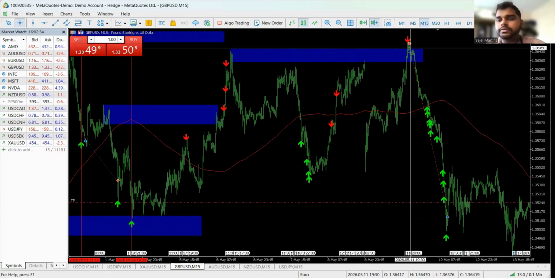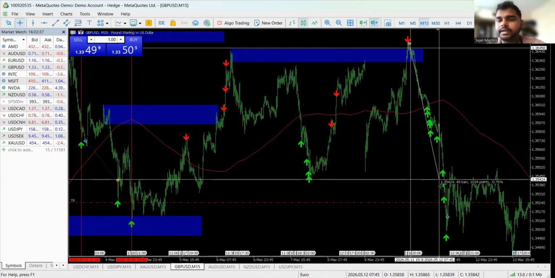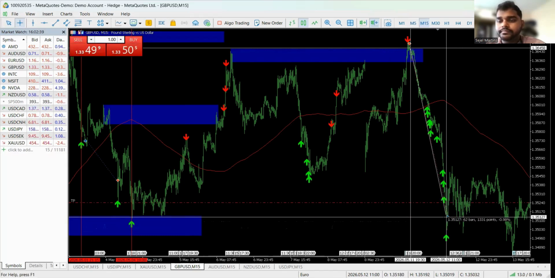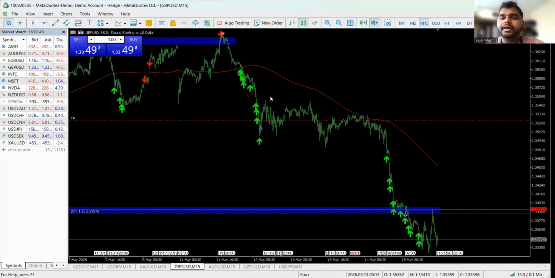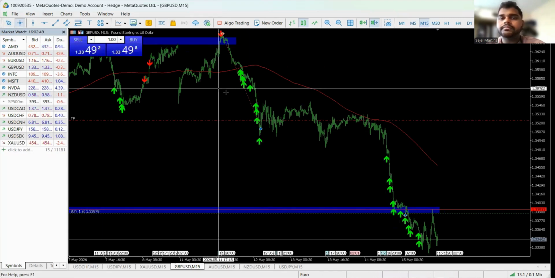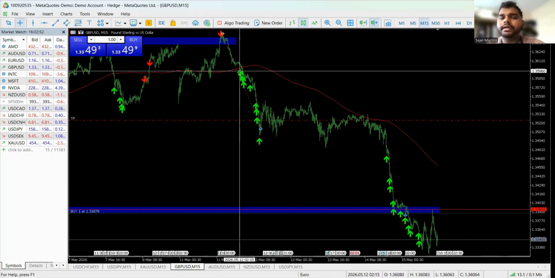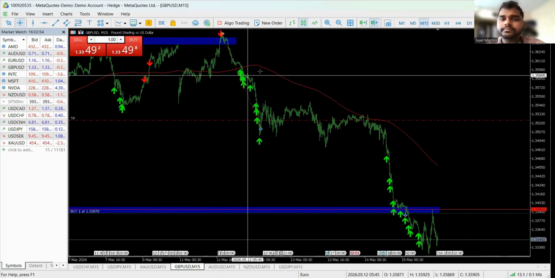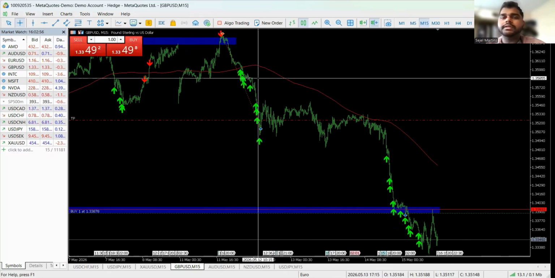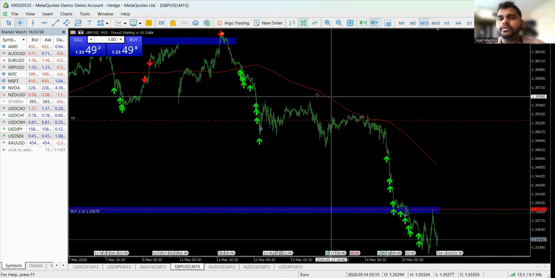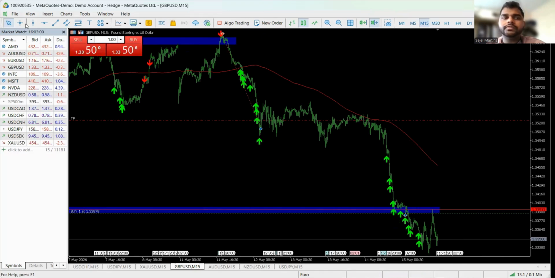So I just took a sell, and the market just crashed, and I think I closed it for 133 pips of profit, and the market is still falling down. But the thing is, the arrows are very accurate, but when the trend is very strong, you have to look out for strong zones where you can take particular trades.